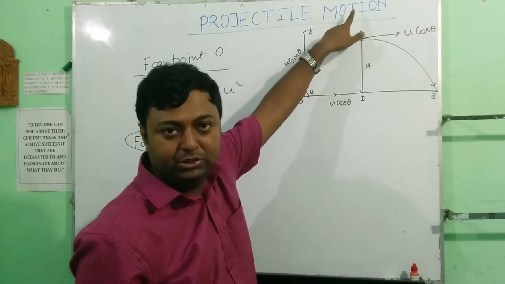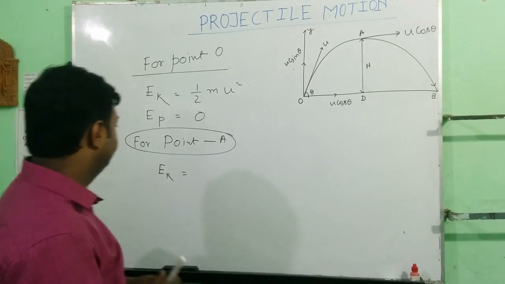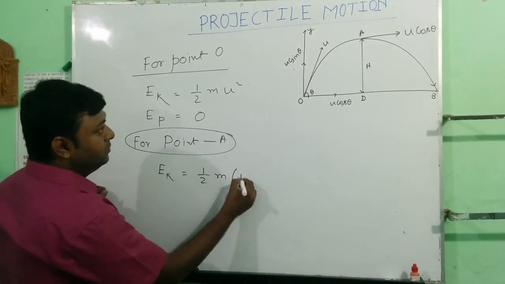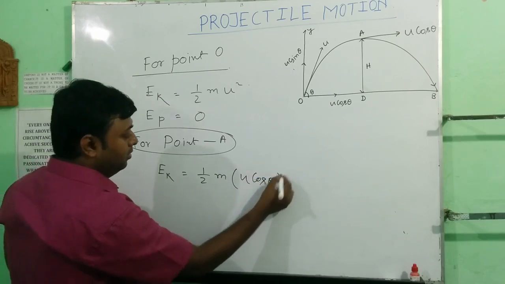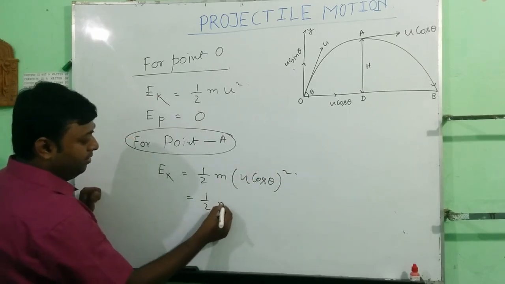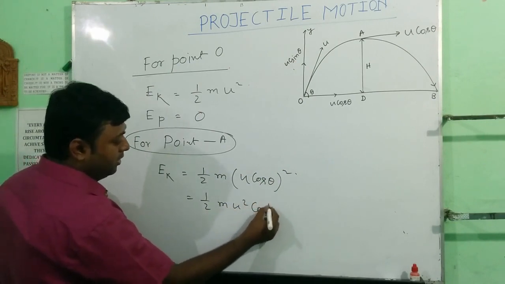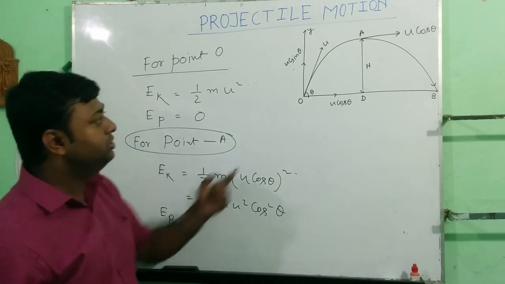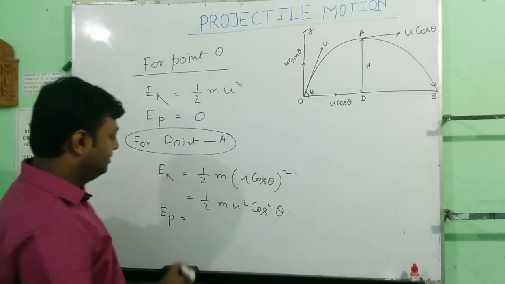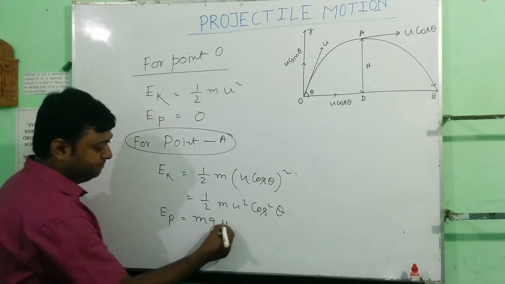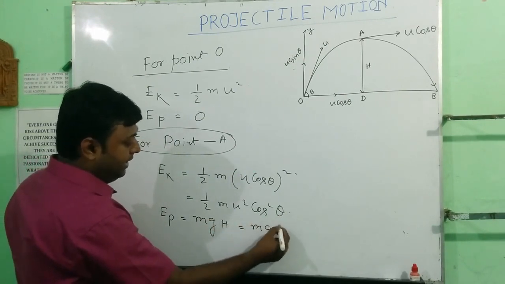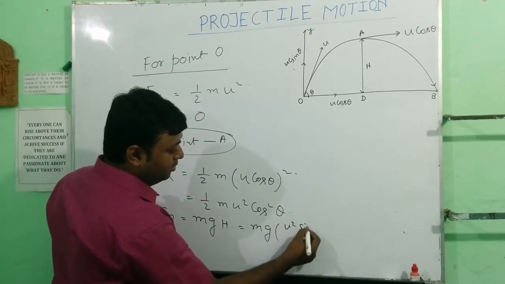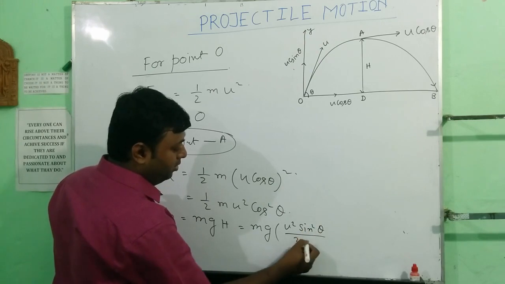That's why there is no velocity in the upward direction. So EK equals half m u cos theta whole square, that is half m u square cos square theta. Similarly for potential energy, at height h, that means mgh, where the maximum height is u square sin square theta by 2g.